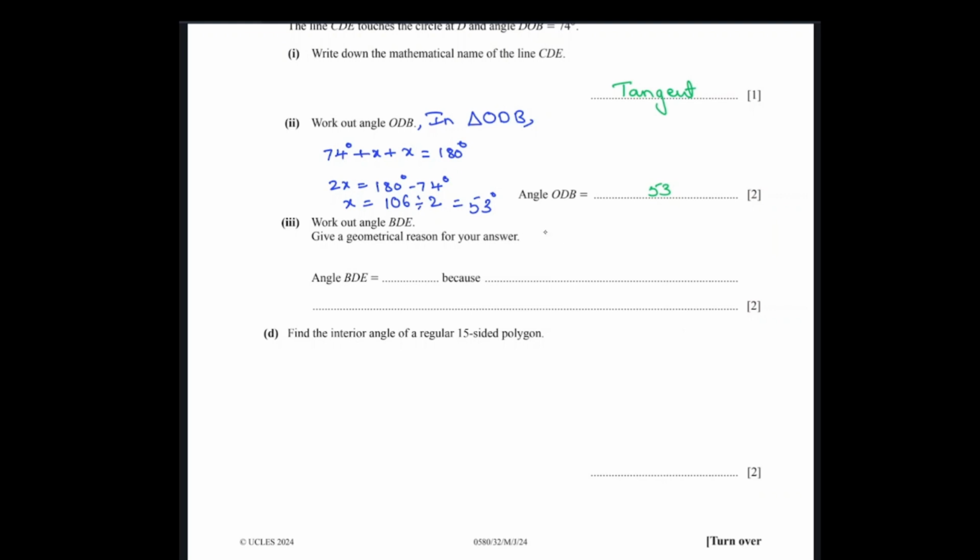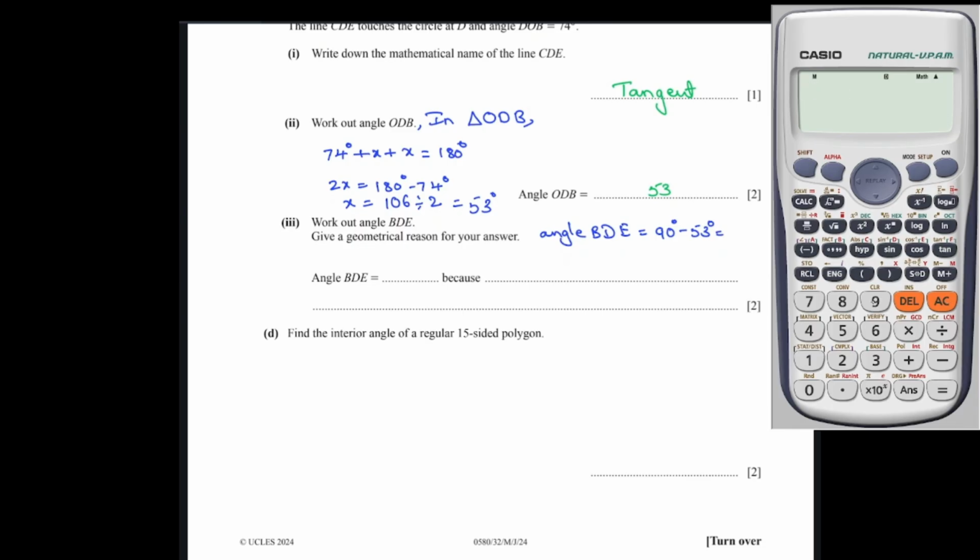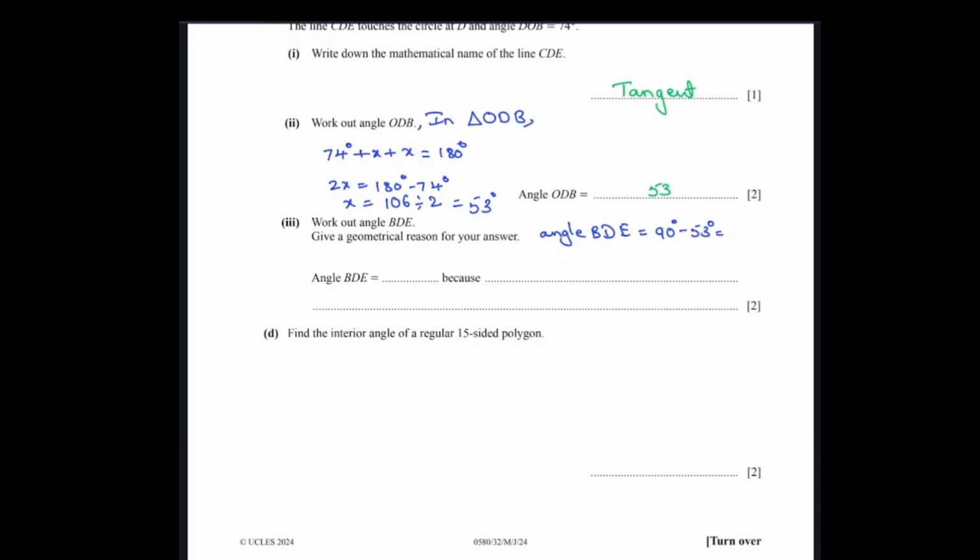So from 90 subtract 53. Angle BDE will be 90 minus 53. 90 minus 53 is how much? 90 minus 53, 37.